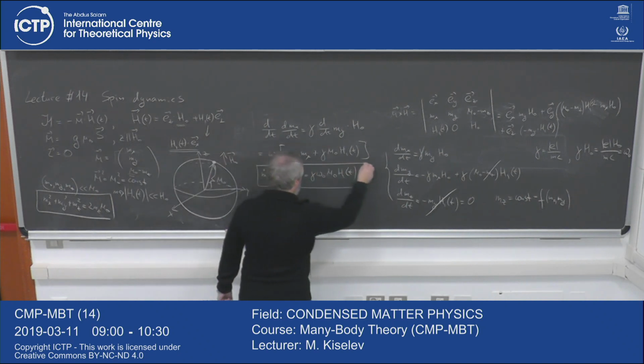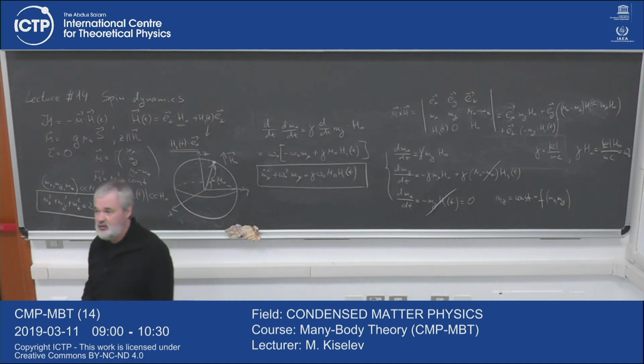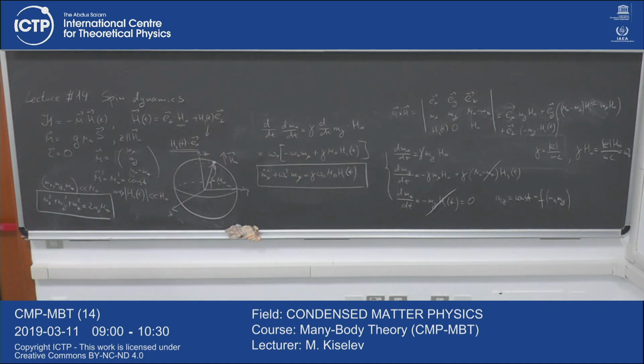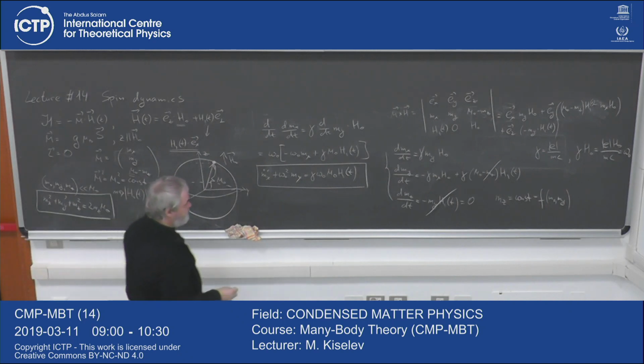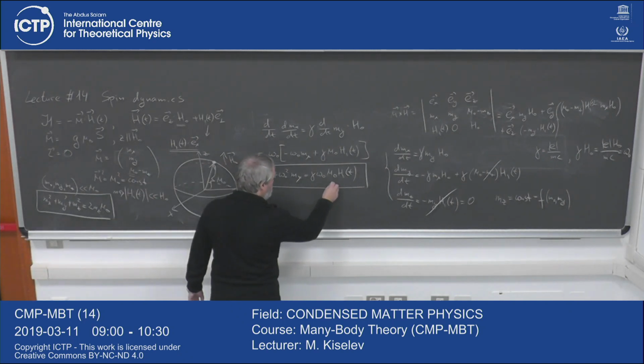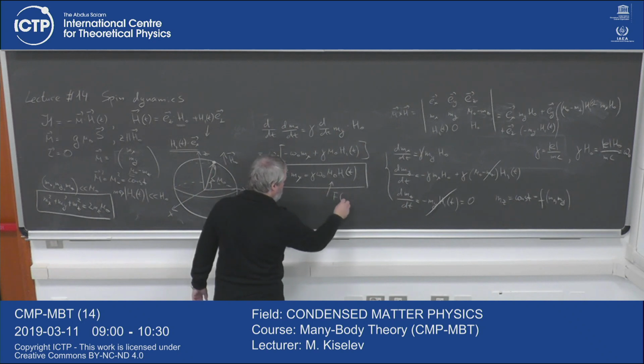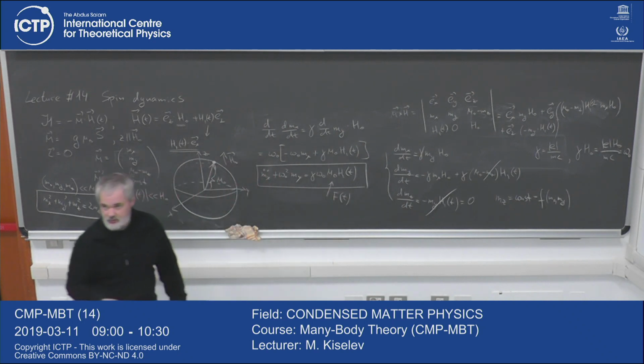So what I got is the classical equation describing a harmonic oscillator, right? Where on the right hand side there is a force which is acting on the harmonic oscillator.